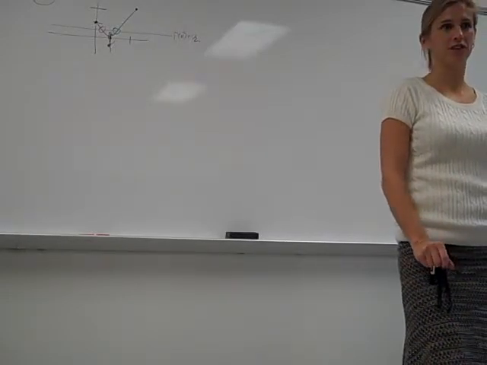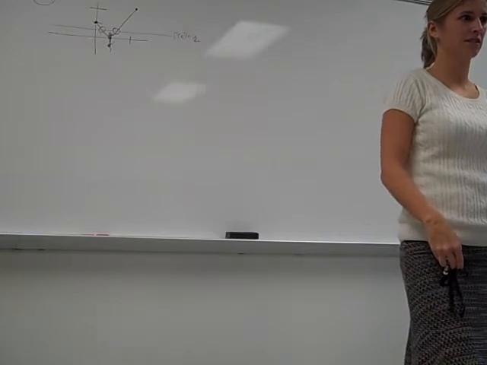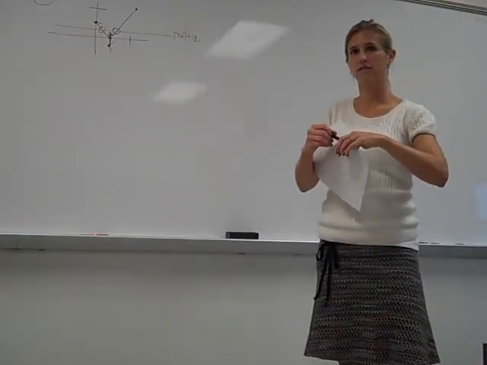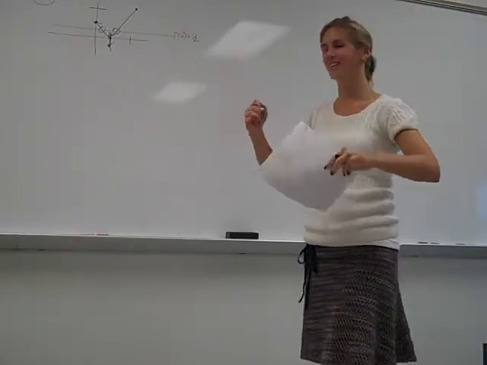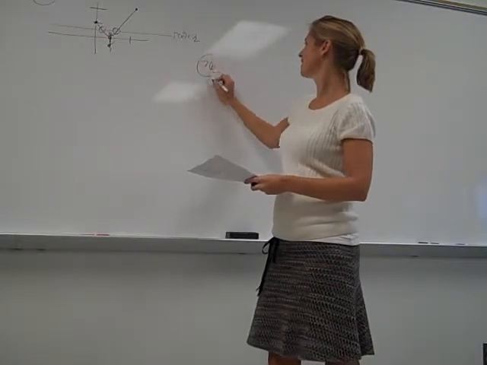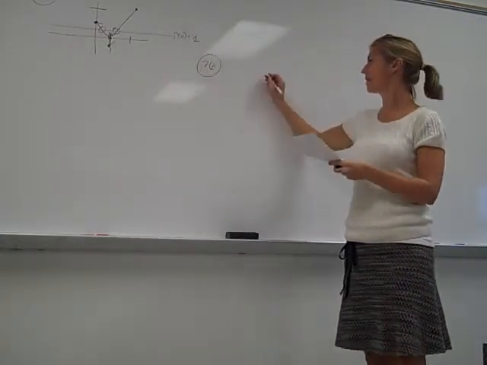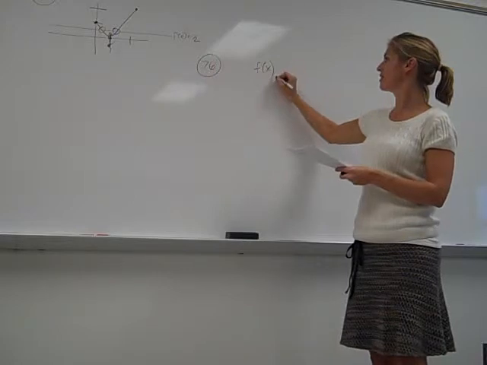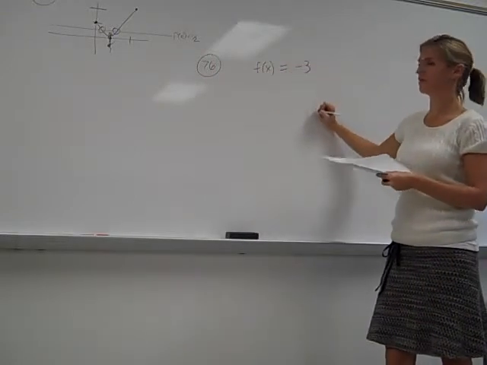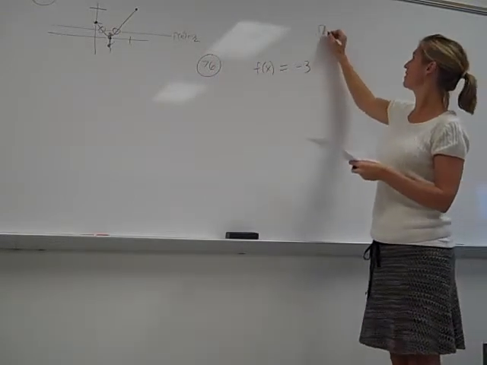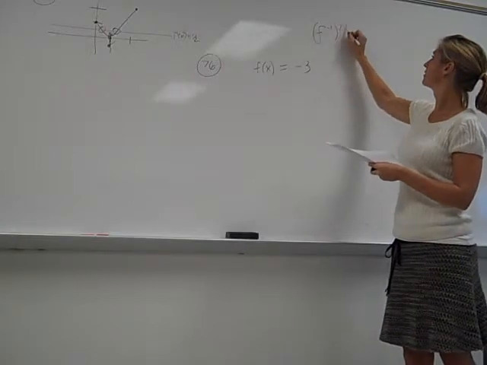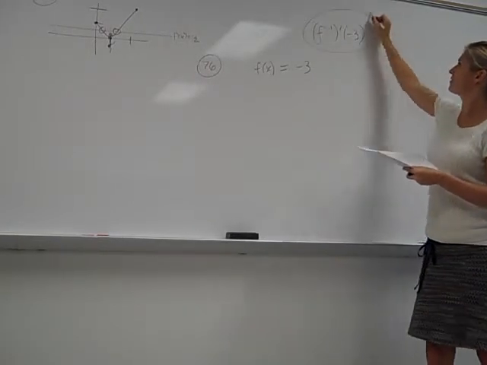78, very difficult. Do you want to go over 78? Yeah. Actually 76, I got it right, but I just guessed, so I don't know how to do it. Okay, 76. I'll just go through the procedure again. Take f of x, and you got to set it equal to -3. The idea here is, this is what I'm trying to find.